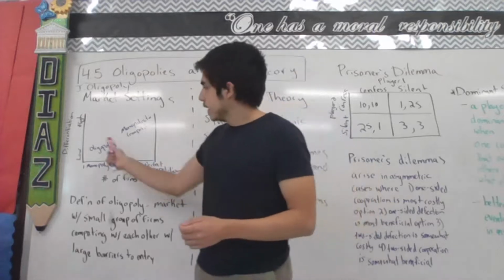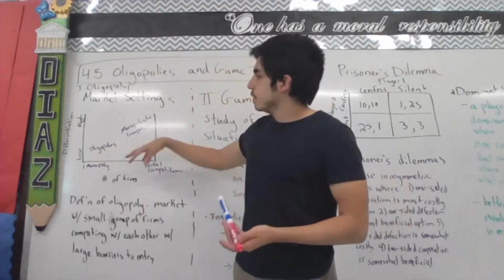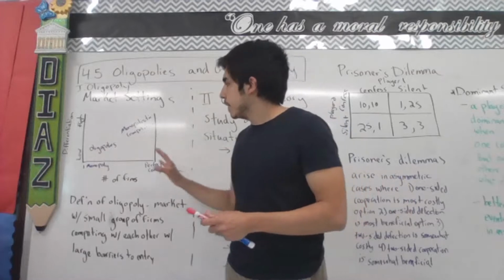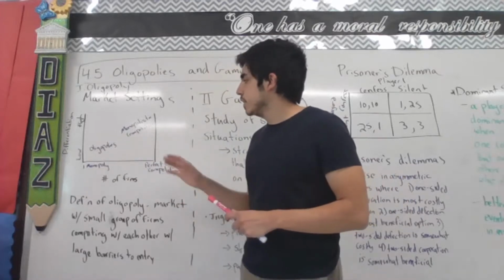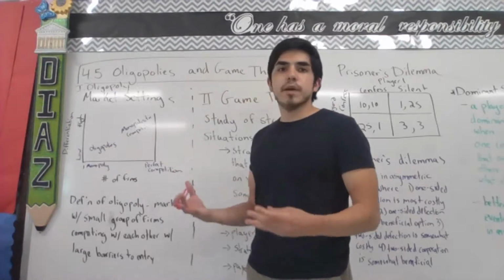And then finally, the last market setting that we have is oligopolies. We said that these products and services tend to be not as differentiated as compared to monopolistic competition, but oligopolies are going to be much more concentrated markets because there are large barriers to entry.